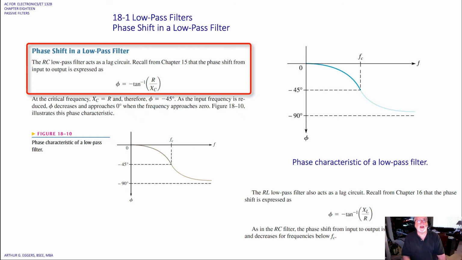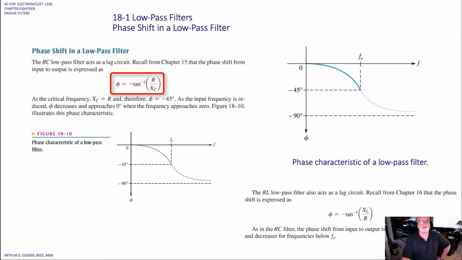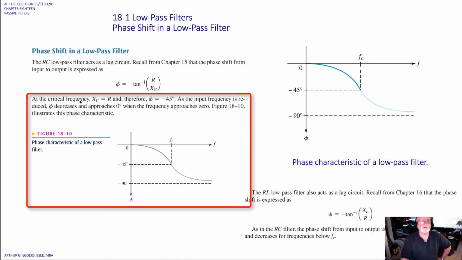So we look at something called the phase shift in a low pass filter. The RC low pass filter acts as a lag circuit. Recall from chapter 15 that the phase shift from input to output is expressed as minus the inverse tangent of R over X sub C. At the critical frequency, again, X sub C is equal to R, and therefore the phase angle is minus 45 degrees.